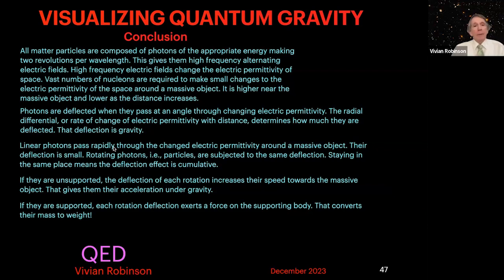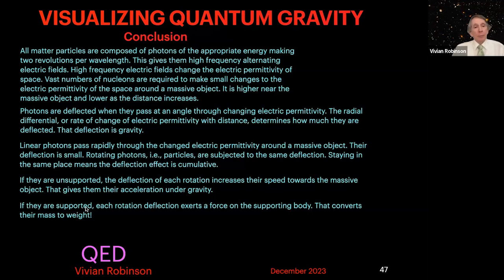Linear photons pass rapidly through the changed electric permittivity around a massive object. Their deflection is small. Rotating photons, that is particles, are subjected to the same deflection. Staying in the same place means the deflection effect is cumulative. If they are unsupported, the deflection of each rotation increases their speed towards the massive object. That gives them their acceleration under gravity.